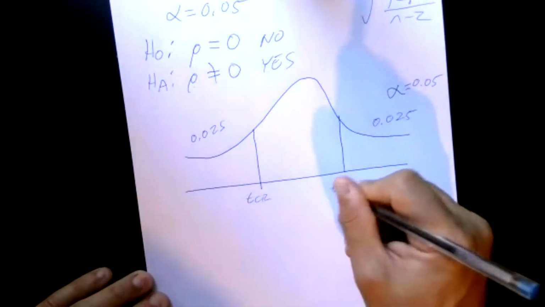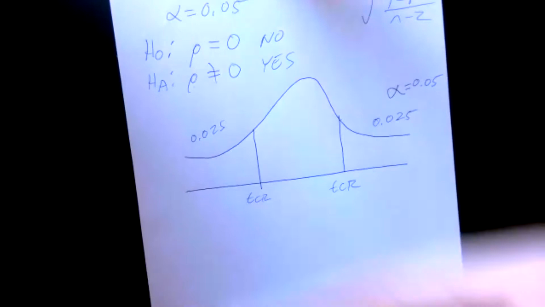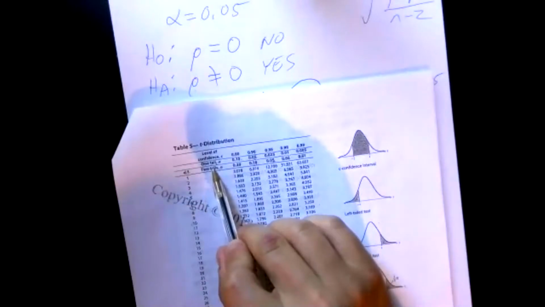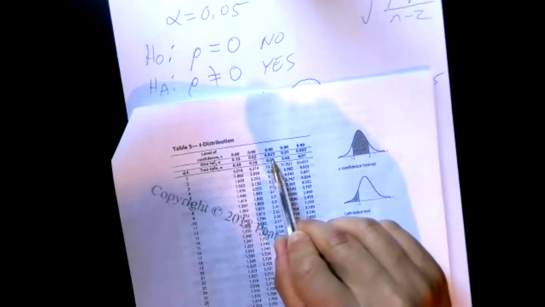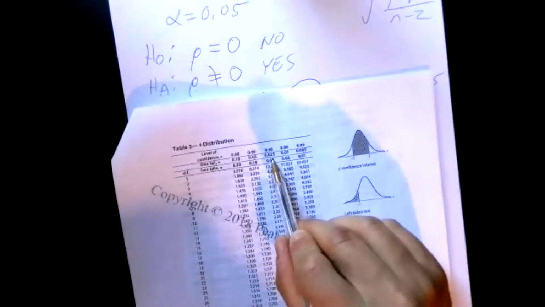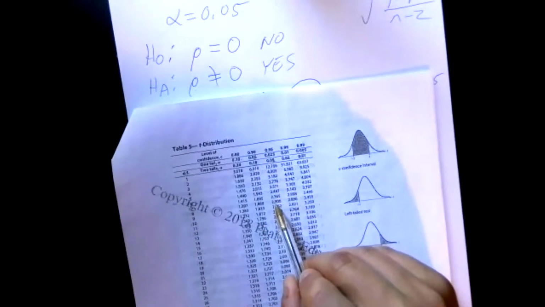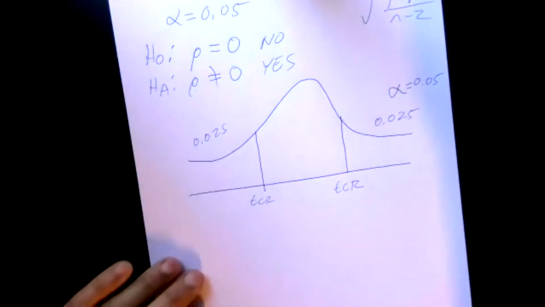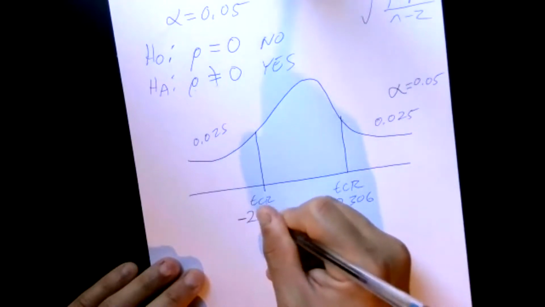Let's find t critical using our tables. Go to the t-distribution. Two tails, alpha is 0.05, we go to the center column. N equals 10. Degrees of freedom are 10 minus 2, which is 8. So if we go down to 8, 2.306. Now, because it's symmetric, the other one will be negative 2.306.